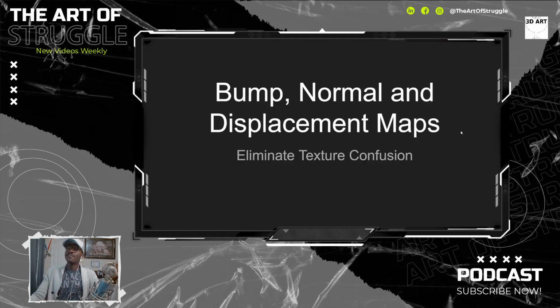So bump, normal, and displacement maps eliminate texture confusion. All right. There's a lot of stuff going on under the hood, and I want you guys to be able to understand and have a framework for what's going on. It took me a while to understand the difference between bump maps, normal maps, displacement maps, but when I saw them and used them in work, it helped me understand the concept a lot better.